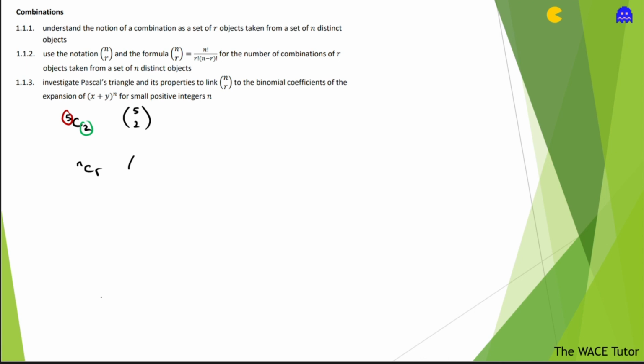So more broadly, we can write combinations with n being the number of objects we need to choose from, and r is the number of objects we have to choose.